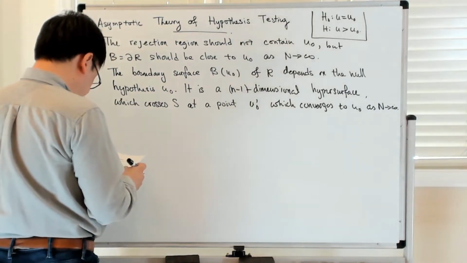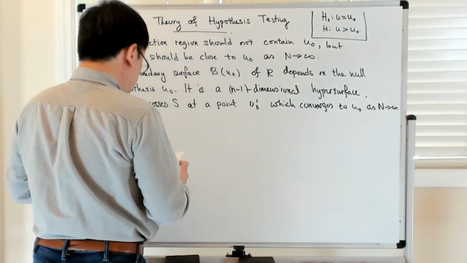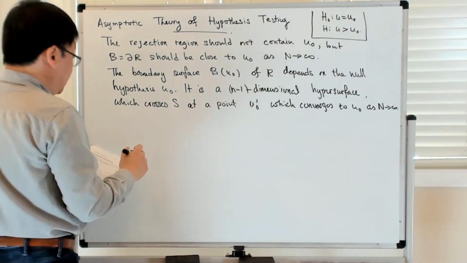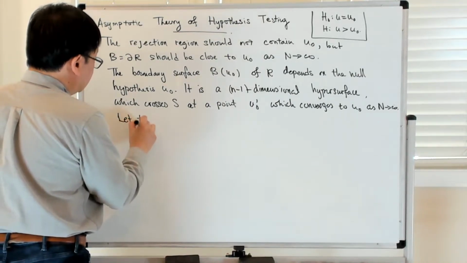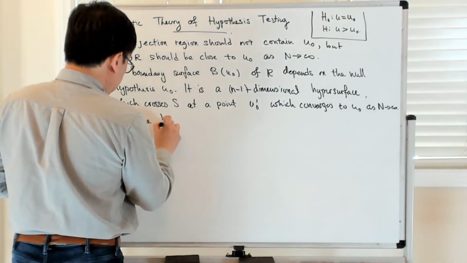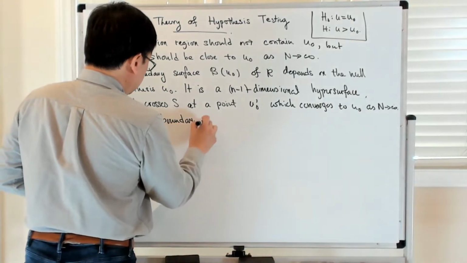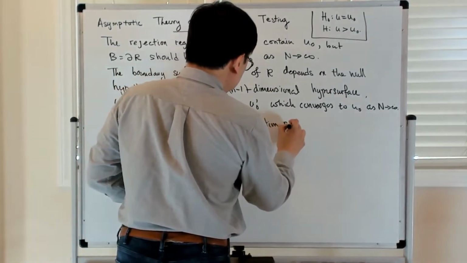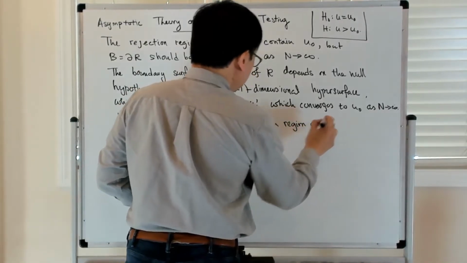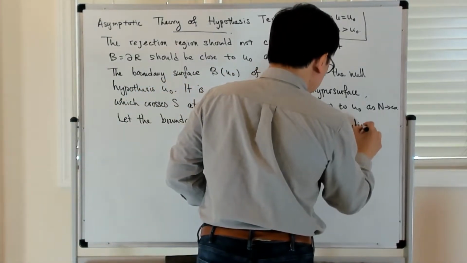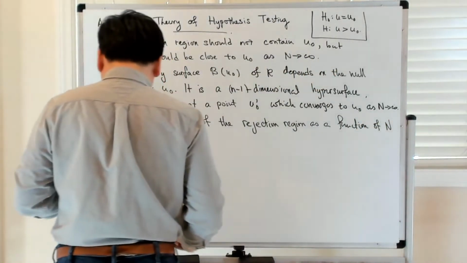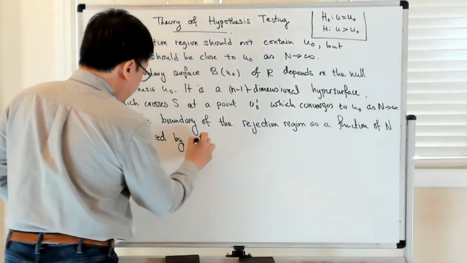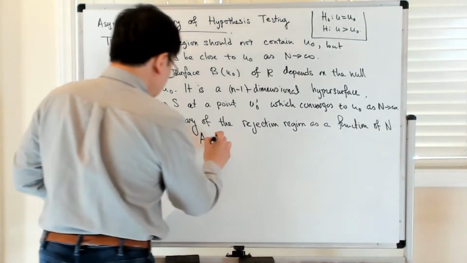And so let's call that boundary n. Let the boundary of the rejection region as a function of n be denoted by an u0.